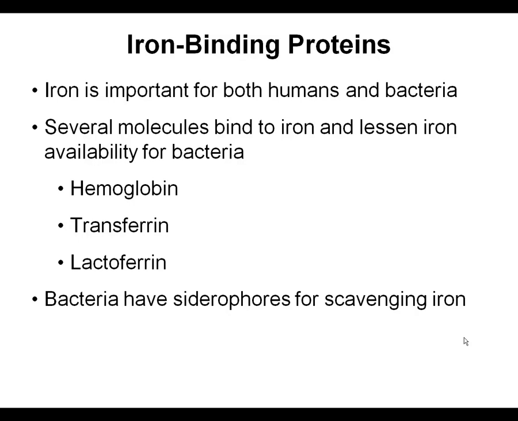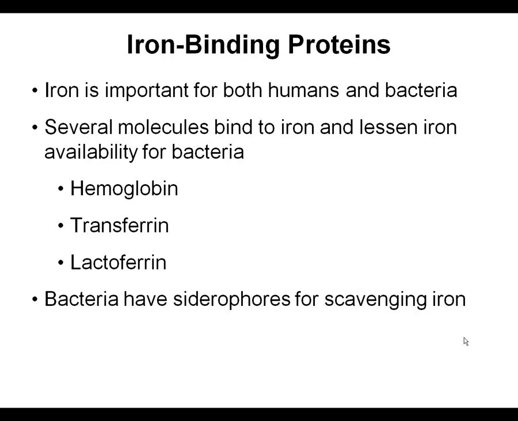Hemoglobin, transferrin, and lactoferrin. Hemoglobin is an iron binding protein that is going to keep that iron away from bacteria. It's going to bind tightly, and this hemoglobin is going to be located in the red blood cells. We all are very familiar with red blood cells. Then you have transferrin, which is going to be found also in the blood and tissues, and then lactoferrin, which is going to be found in breast milk and saliva.